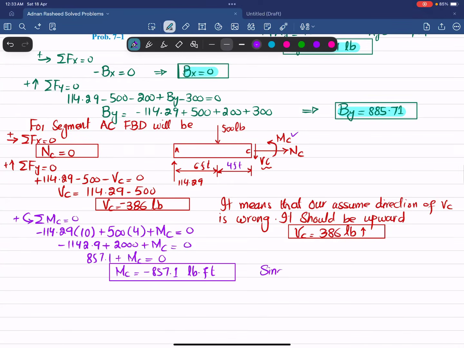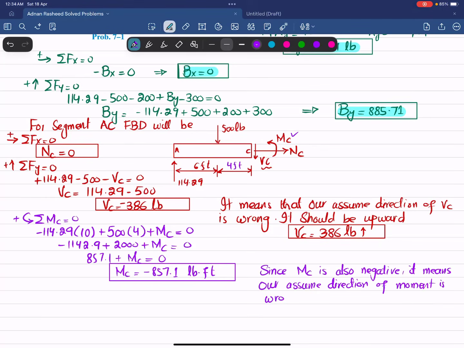Since MC is also negative, it means our assumed direction of moment is wrong.